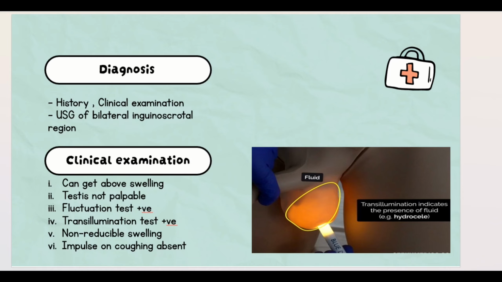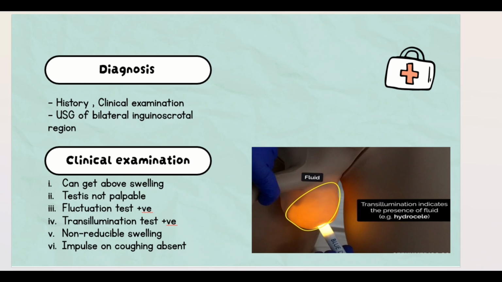This can be better visualized through a roll of paper which is placed on the other side of the scrotum even in daylight. If the fluid is not clear, for example spermatocele or hematocele or pyocele, we do not get a positive transillumination test.